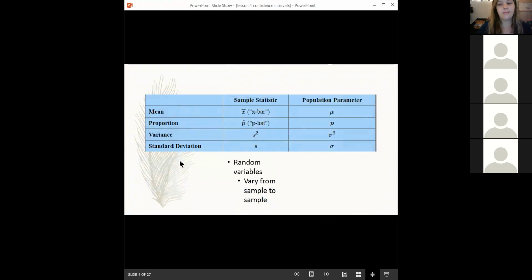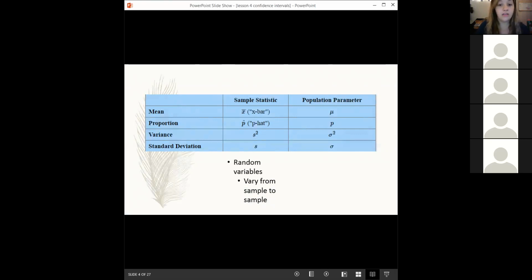These are the different symbols that we use to describe either statistics or populations. The left hand column is all the ones we use for sample statistics. So if you see X bar, that's a sample mean.